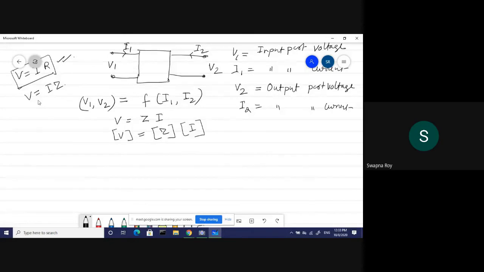So in open circuit impedance parameters, we express V1 and V2 as a function of I1 and I2. In matrix form, we can write V matrix is equal to Z matrix into I matrix, where the Z matrix is the impedance matrix.